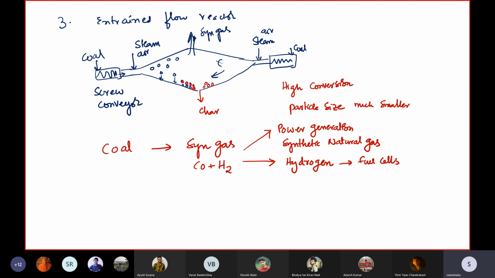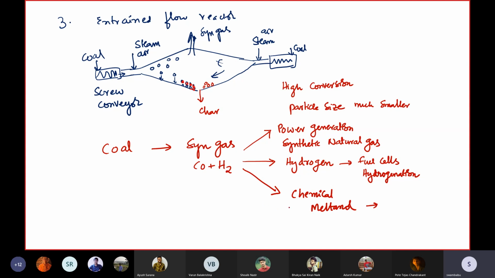We can use this hydrogen for fuel cells, and in many hydrogenation reactions. For many hydrogenation reactions, we need hydrogen, for example in petroleum refining operations. Another use of syngas is that we can produce chemicals like methanol, and from methanol you can produce many other components.